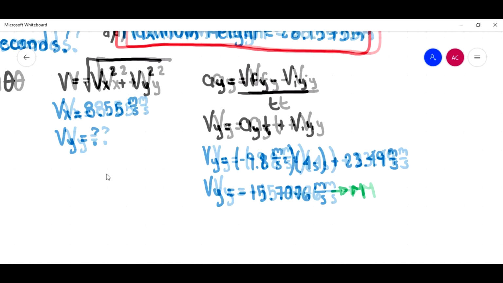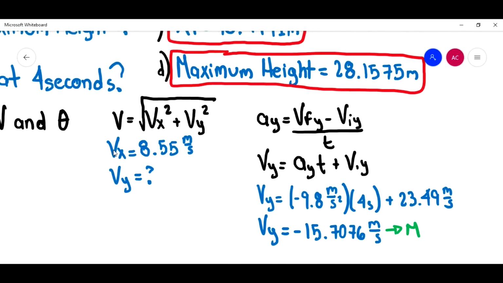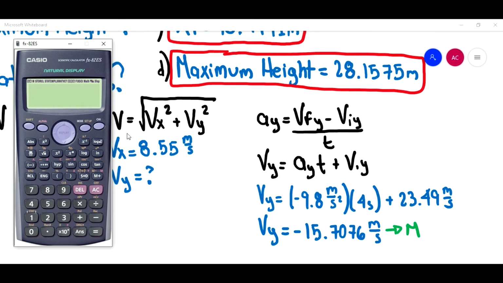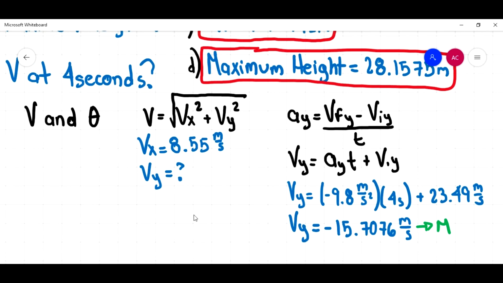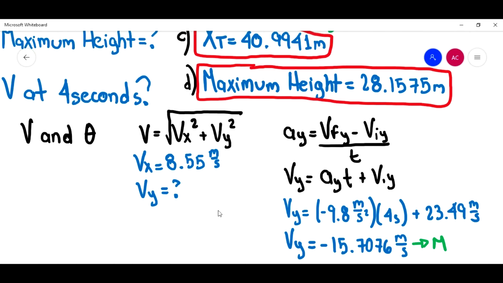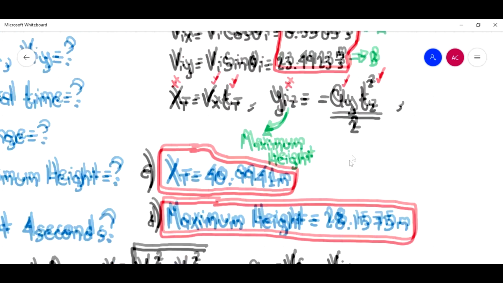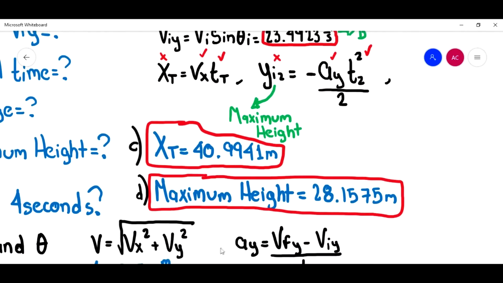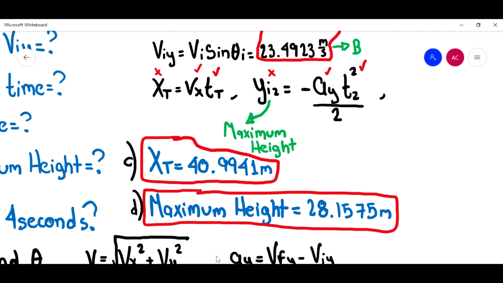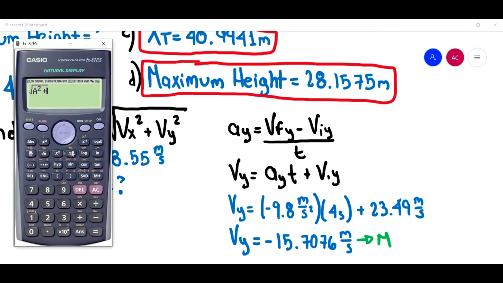Okay, so now I have bx and I have by. Let's find b, the velocity vector, which is the resultant vector. So the square root of bx, which is in memory A, squared plus memory M squared.